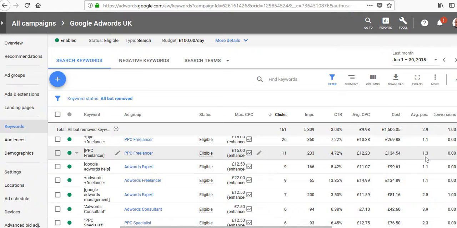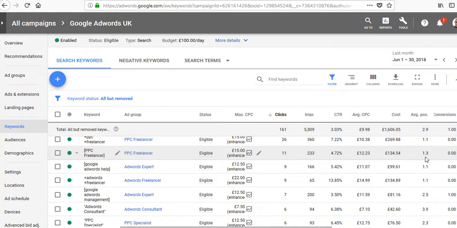But through a lot of testing and running ads for some time, I've seen that being in the top one or two positions is really important. It's a very competitive area. So anything below position 4 and below the organic rankings will not bring me the best return. So it's important that I'm at the top.